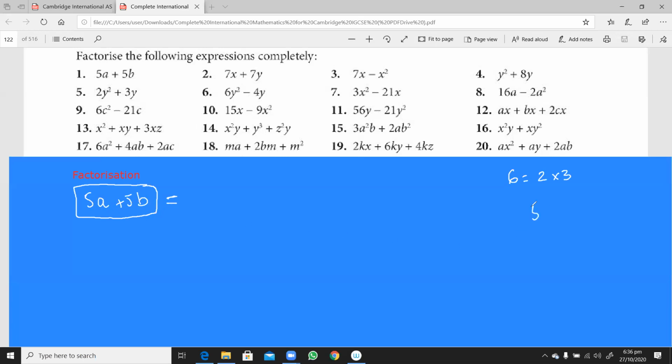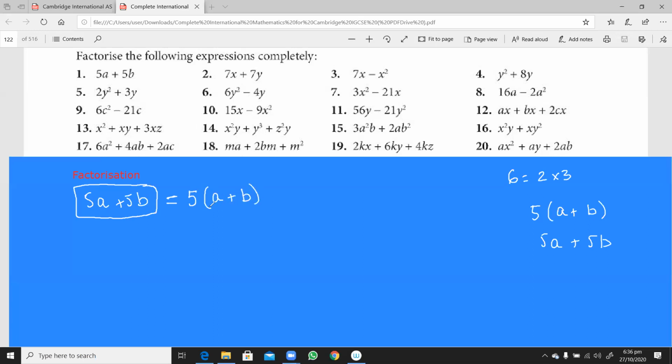So if you have 5 times a plus b and you expand it, you have just done the expansion. So this is going to be 5a plus 5b. Now we are going back, we're going to find those two expressions whose product is 5a plus 5b. So this is basically 5 times a plus b.